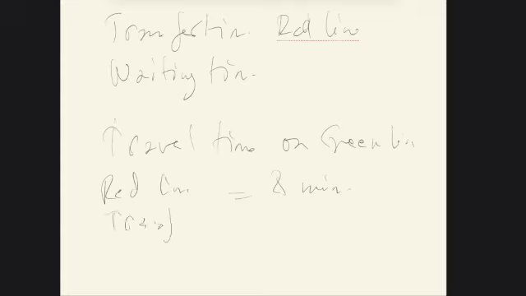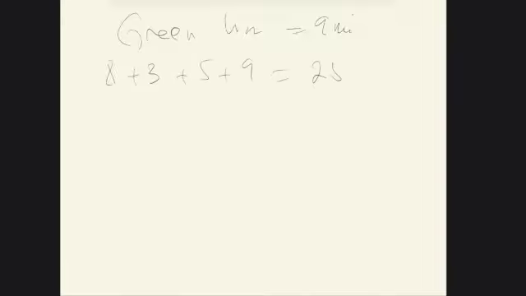Transfer walk, 3 minutes. Waiting, 5 minutes. For the green line, 9 minutes. So we are looking at 8 plus 3 plus 5 plus 9. So that gives us a total of 25 minutes.